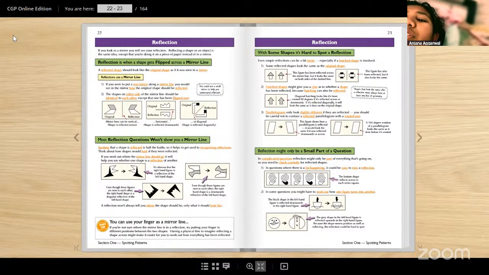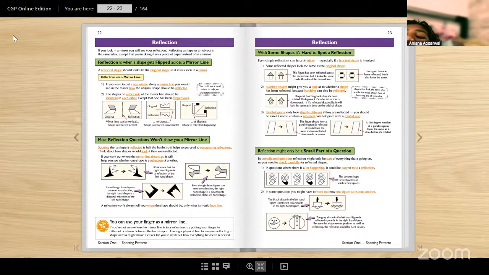If you were to put a real mirror along a mirror line, you would see how the original shape would be reflected. The shapes on either side of the mirror line should be identical to each other, except that one has been flipped over. You could use a small mirror to help you understand reflection.